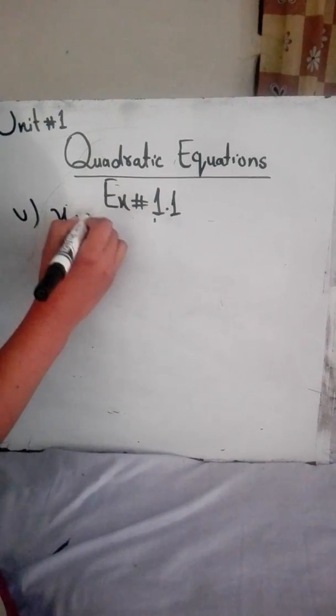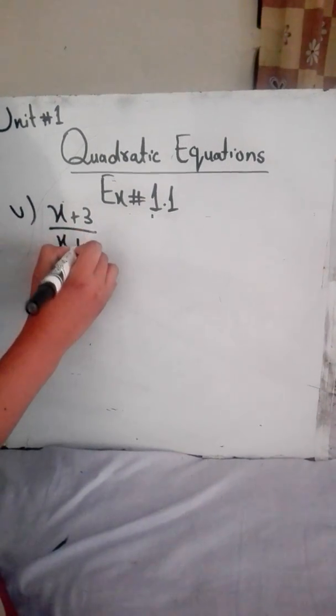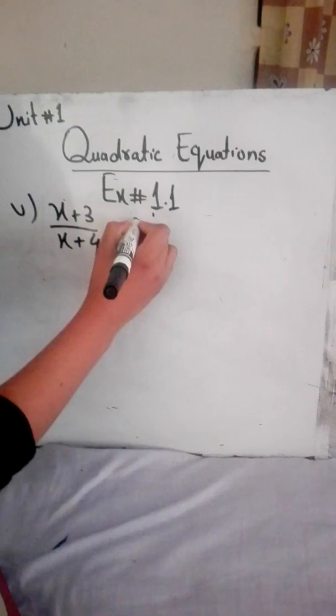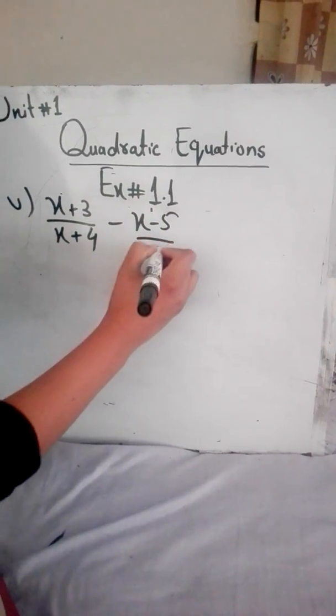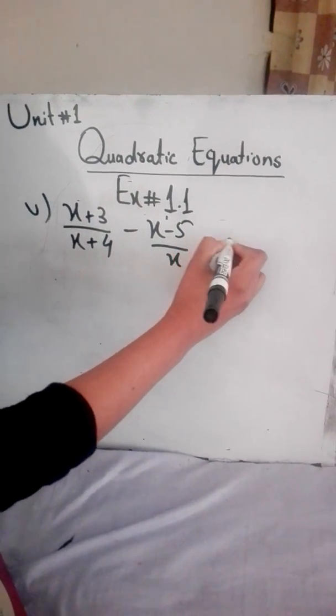Now the next question is x plus 3 by x plus 4 minus x minus 5 by x is equal to 1.